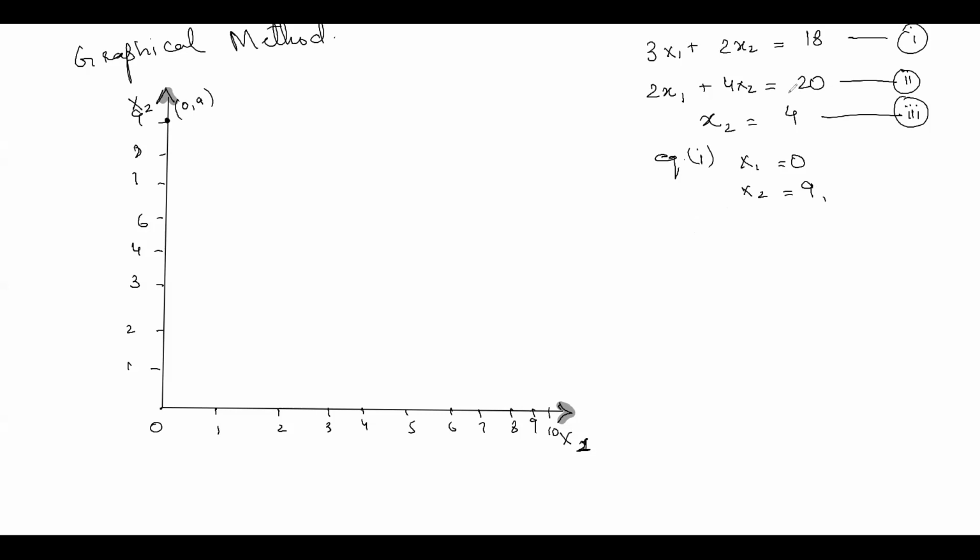Same thing, we can also use equation 1 and say x2 equals 0. If we do that, we will get x1 equals 6. So when x2 is equal to 0, we get this point, which is (6, 0).